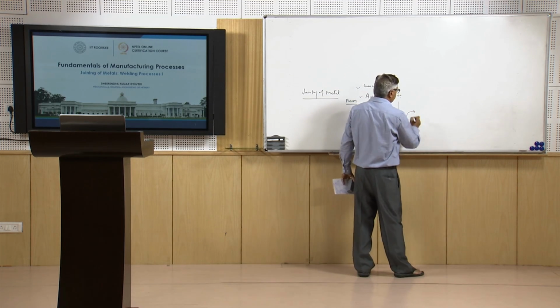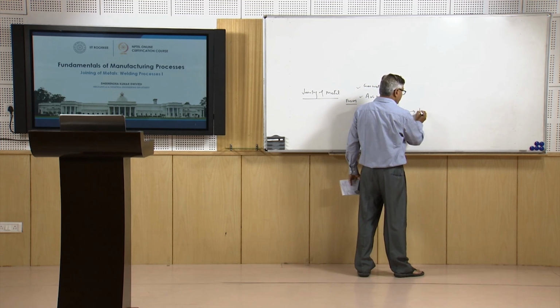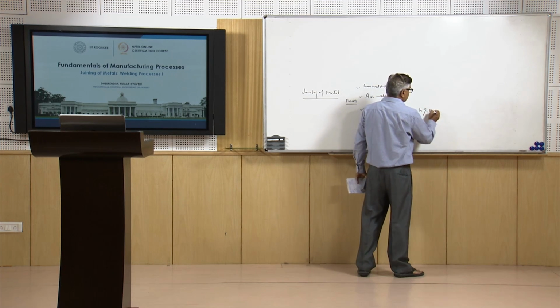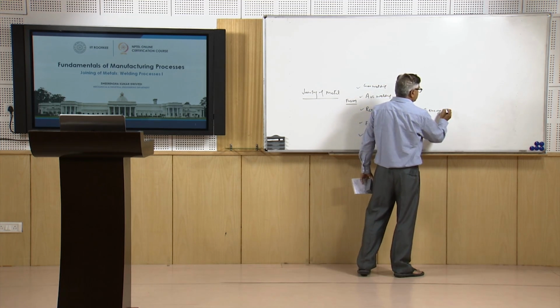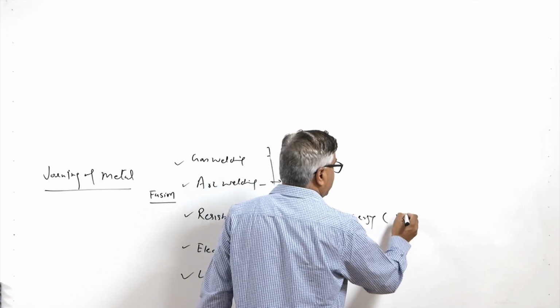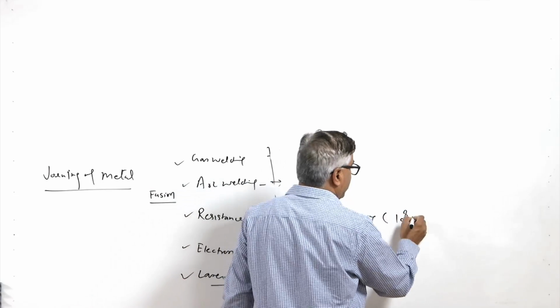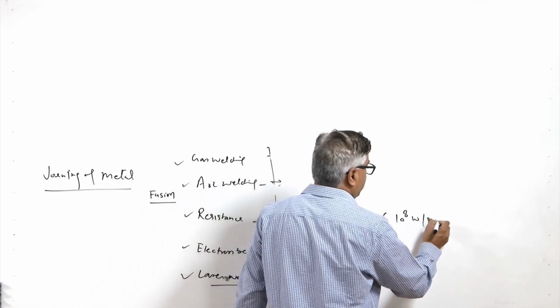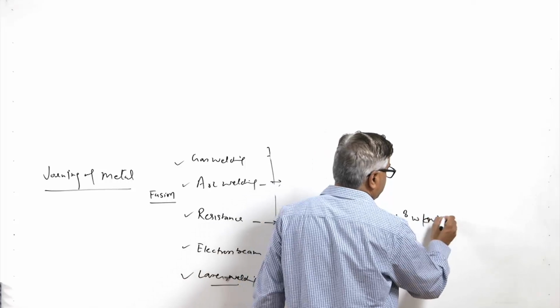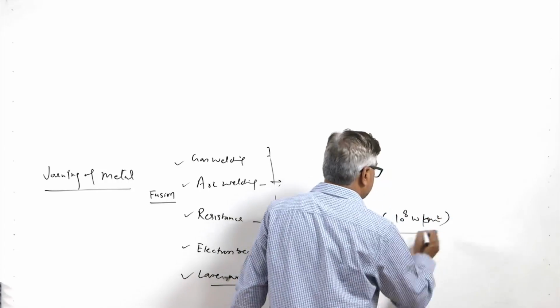Electron beam welding is a very high energy density process, where an energy density of greater than 10 to the power 8 watt per centimeter square is observed.